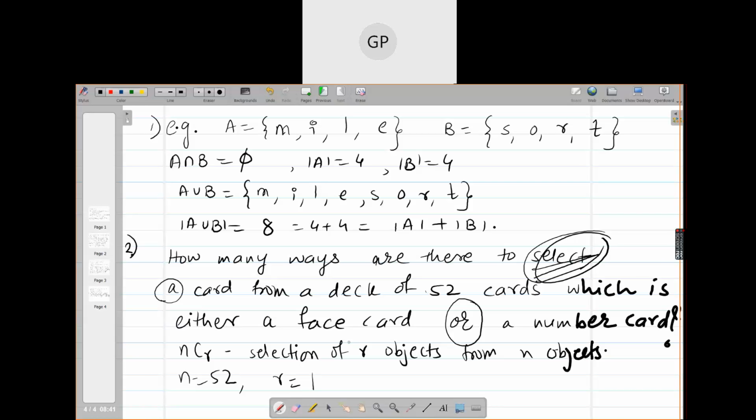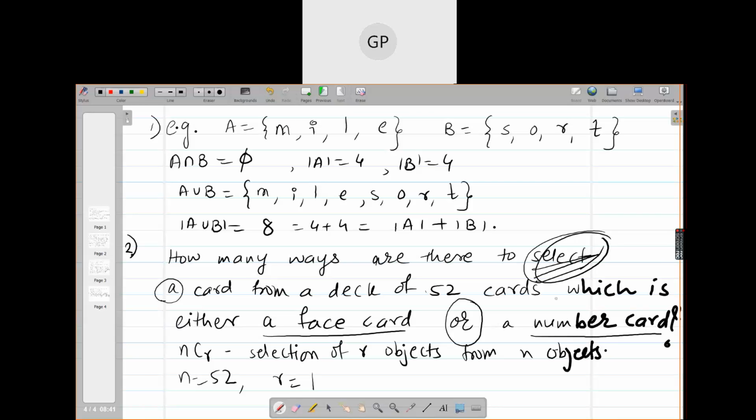ऐसे मैं कह रही हूँ. I can reframe this question in any way. I can say which contains an even number or an odd number. ऐसे भी कह सकती हूँ मैं. So first of all, tell me a face card and a number card, are they disjoint sets?